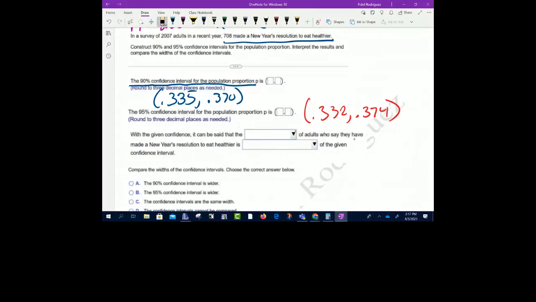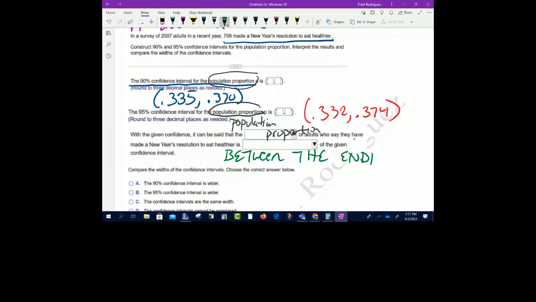We're talking about something that we call our population proportion, because it tells me that the population proportion of adults who said they have made a New Year's resolution to eat healthier is going to be, right here, between the endpoints. It's going to be a little drop-down menu.